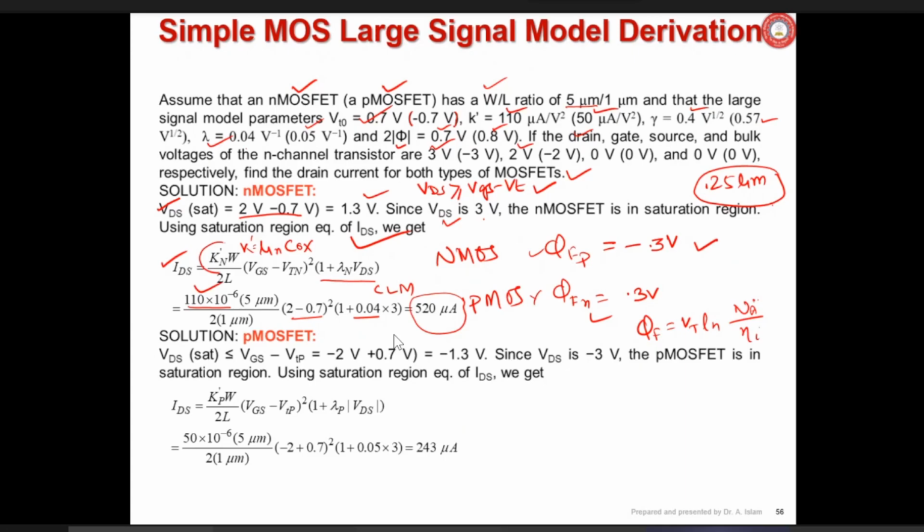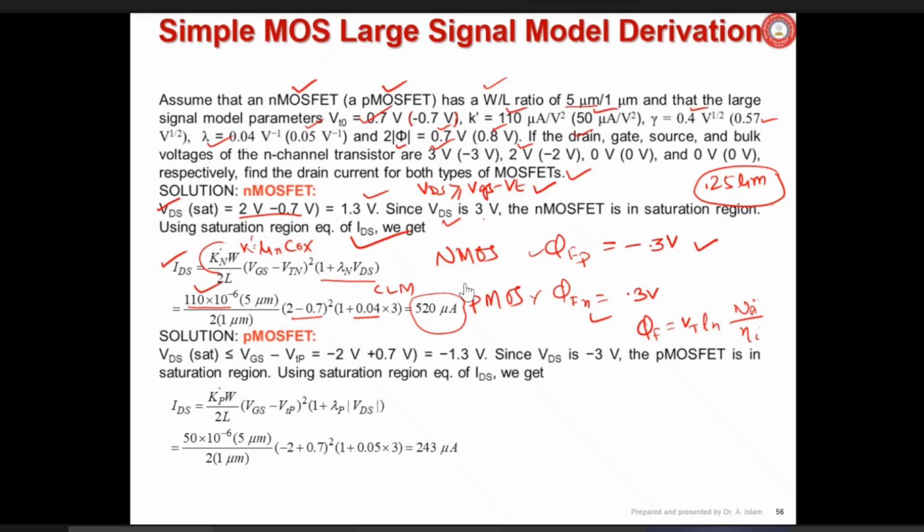If your device is biased in this way, and SPICE parameters like VT0, lambda, gamma, Kn prime, etc., are given, can you solve this kind of problem in the exam?